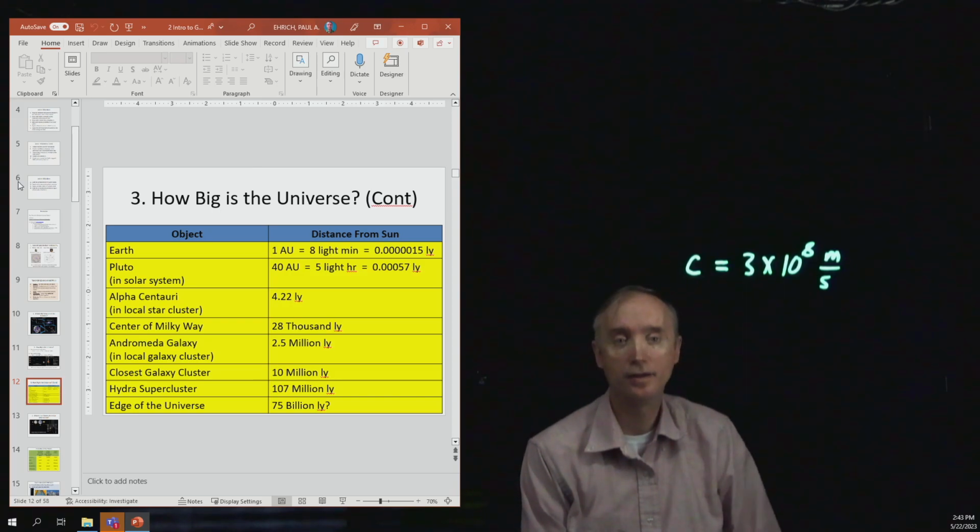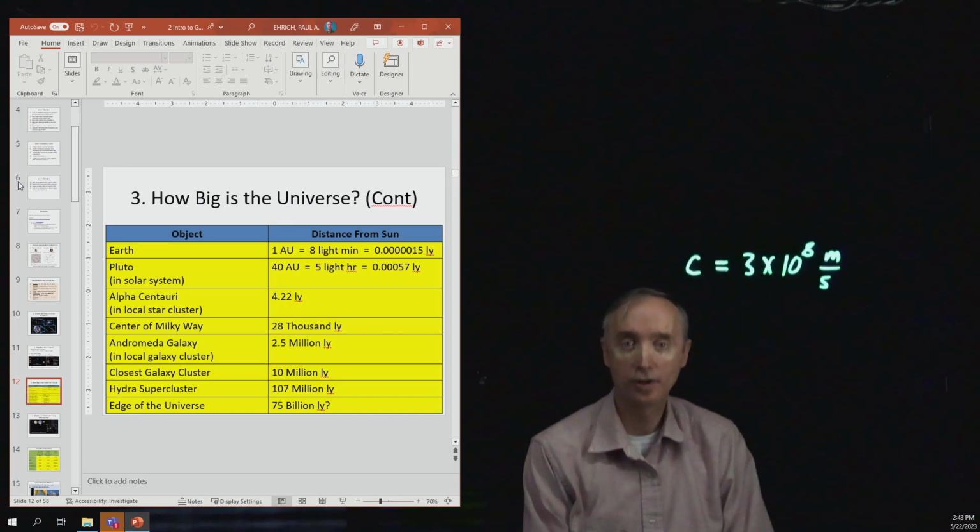So it would take light from the Sun 8 minutes to reach the Earth. And then we said that Pluto was 40 astronomical units. Well, that turns out to be about 5 light hours. So it takes about 5 hours for the light from the Sun to reach Pluto.